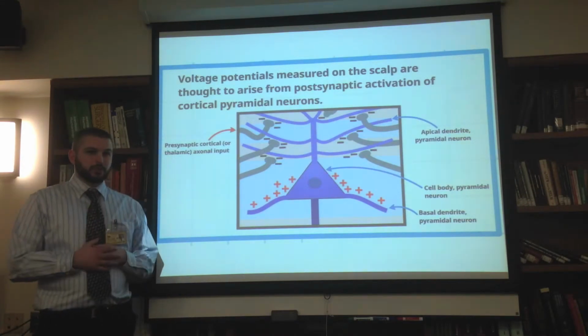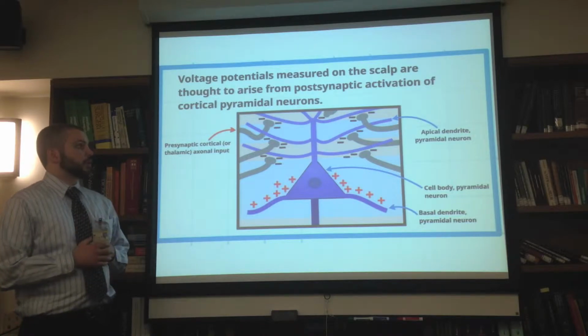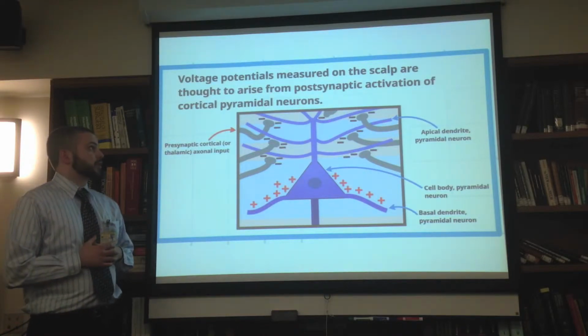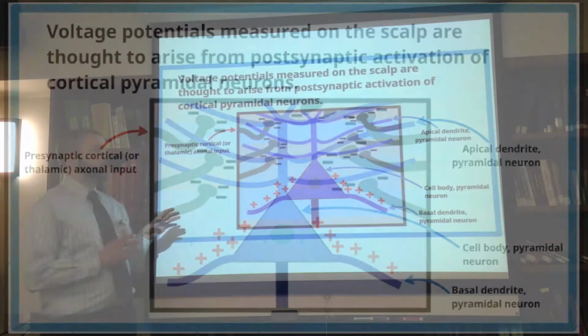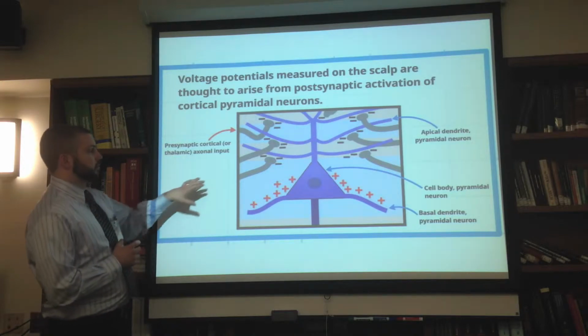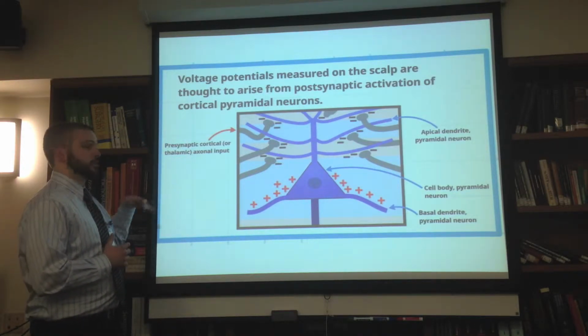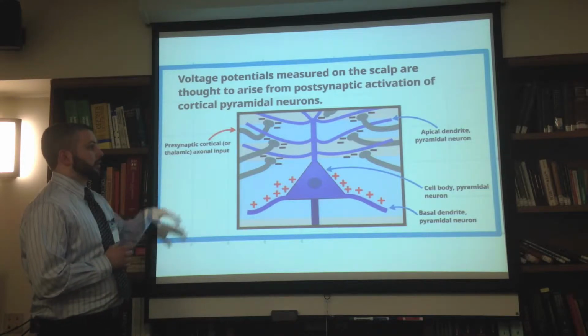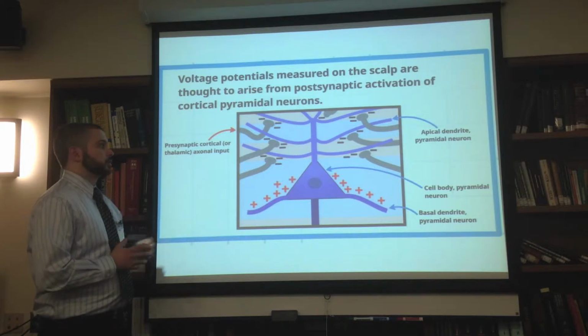So how do we measure the voltage deflections with the EEG? Typically, EEG signals that we measure on the scalp are thought to arise from postsynaptic activation of cortical pyramidal neurons. Essentially, what we think is happening is that we have axonal input from other cortical neurons or thalamic neurons that are activating apical dendrites of cortical pyramidal neurons.